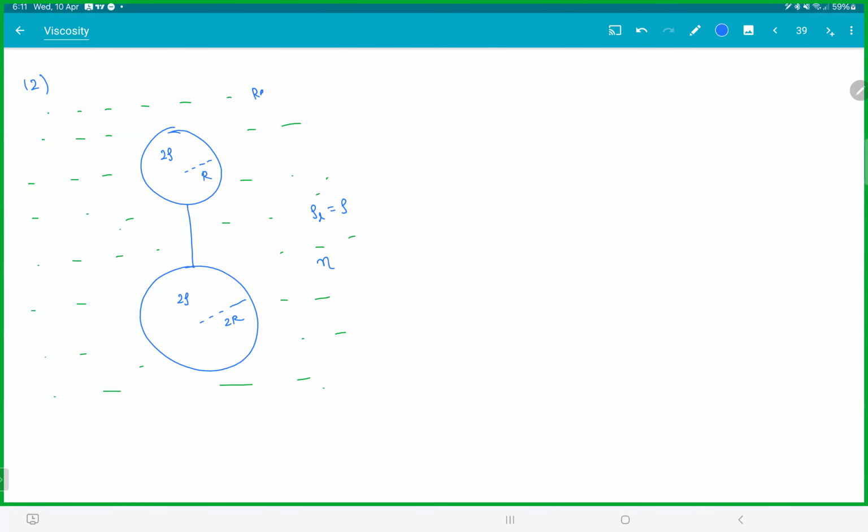The system is released from rest. This is tension T. This is a string. Find the terminal velocity and tension in the string after a long time. Find V terminal and tension in the string after a long time.